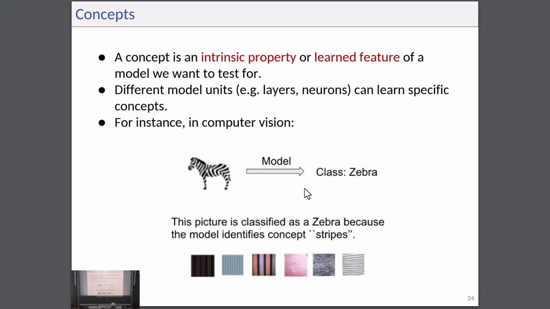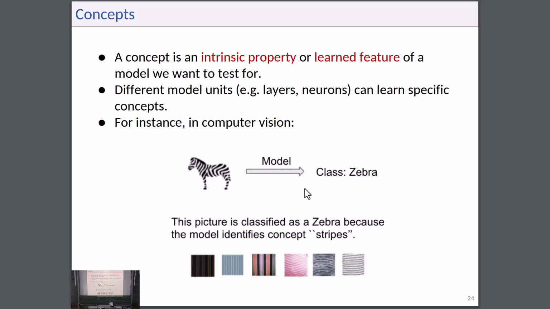Yes. Finally, probably the most complex type of explanation is concepts. And here it's going to be very fluffy, because for concepts, at least for now, there's no agreement on what exactly a concept is. We can say it's an intrinsic property or learned feature of a model that we want to test for. Now, the problem is these concepts can be at various granularity. For instance, in computer vision, it's a bit easier to explain.